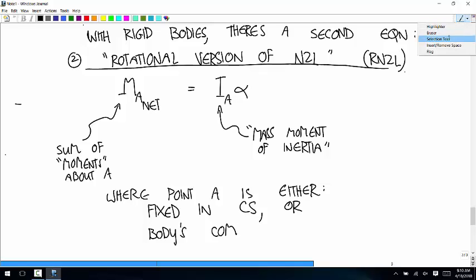Okay, here is the thing. The sum of the moments, you can think of as like an angular version of a force, the angular version of F net in this case.